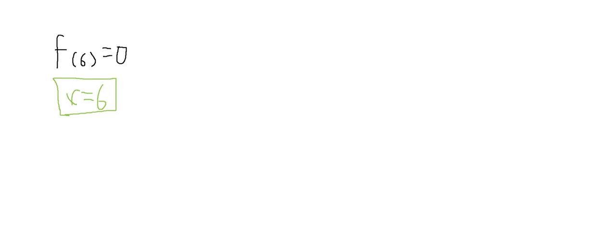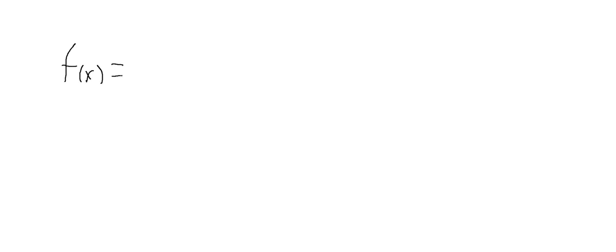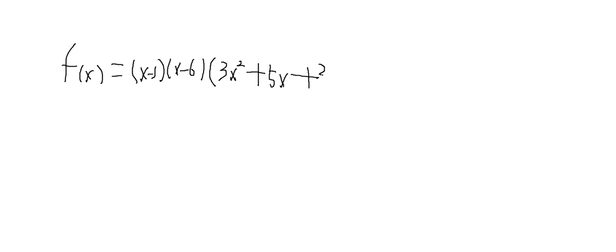Now, if you factor x minus 1 and x minus 6 from the original equation, we get that f of x equals x minus 1 times x minus 6 times 3x squared plus 5x plus 3.